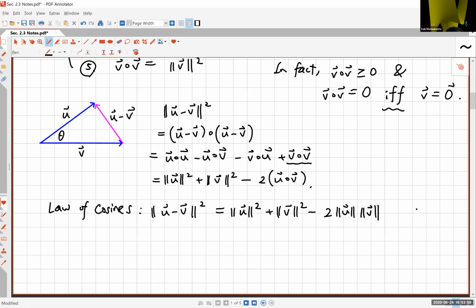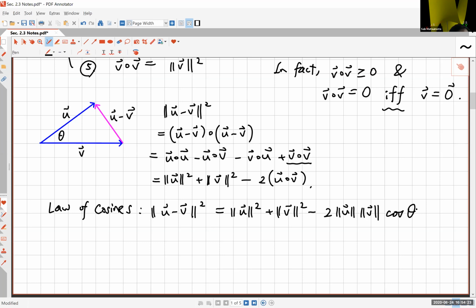Okay, let's go over this again. The law of cosines says that the length of the third side of a triangle is always equal to the square root of, and I'm not writing the square root because I'm squaring both sides, the first side squared plus the second side squared minus 2 times the first side times the second side times the cosine of the angle between them.